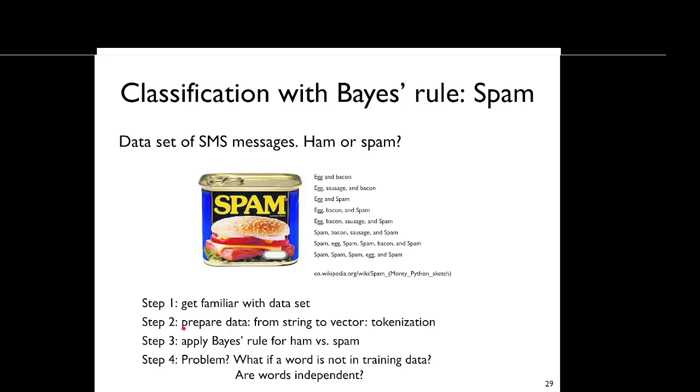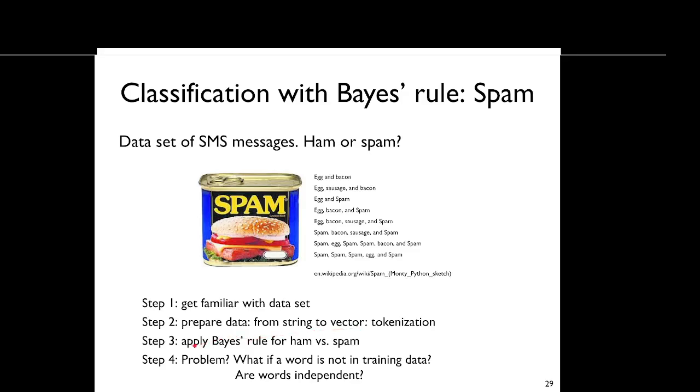Then we prepare our data so that we can process it. And that means we have to turn strings into vectors. And I mention it here. We will have in our setup a trivial solution to that. But I mention it here because we will come back to that issue when we do more text processing and natural language processing.